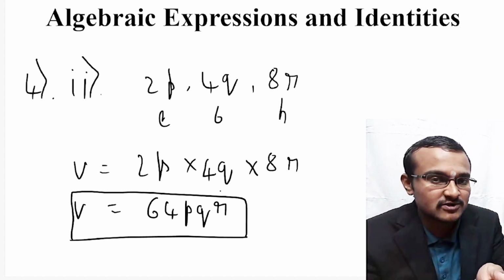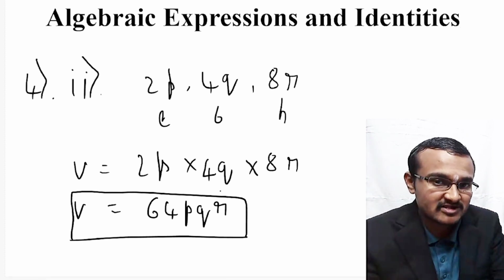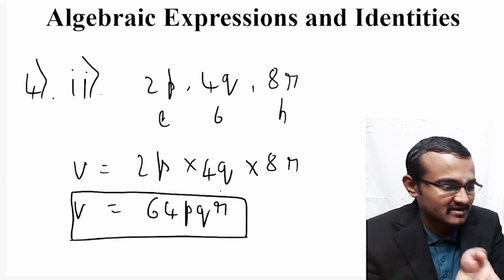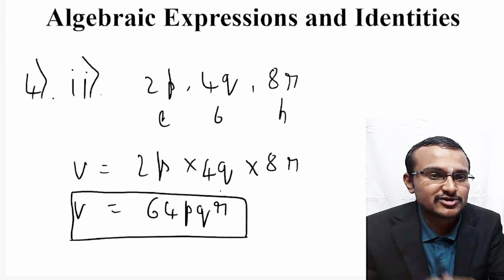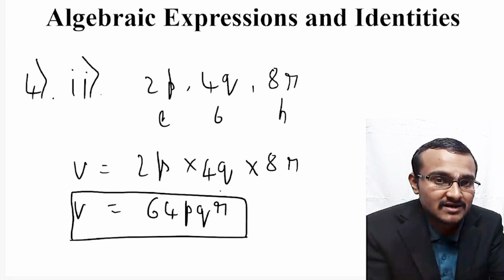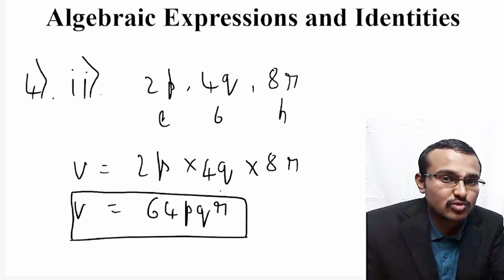In the next exercises you will learn how to multiply a monomial with a polynomial, and also how to multiply a polynomial with a polynomial. You will be learning this in exercises 8.3 and 8.4. In this exercise 8.2, you are learning monomial into monomial, that is multiplication between two monomials.